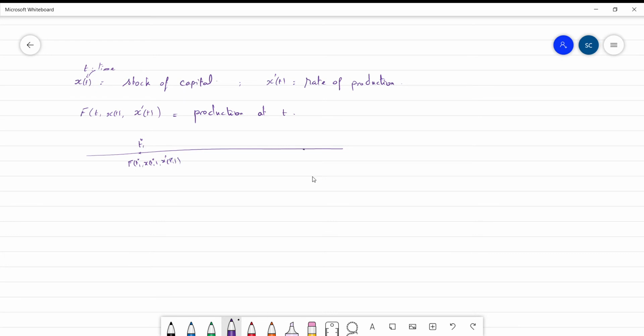Along an interval, we can estimate between t1 and t2 the profit of production. Not the rate of production, but the profit. So we have a profit function, the profit at an instant.